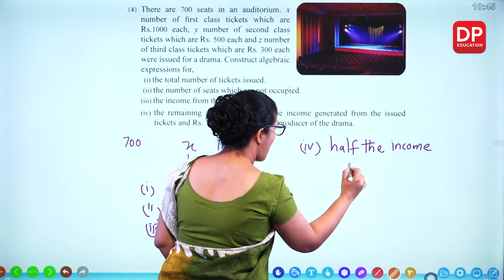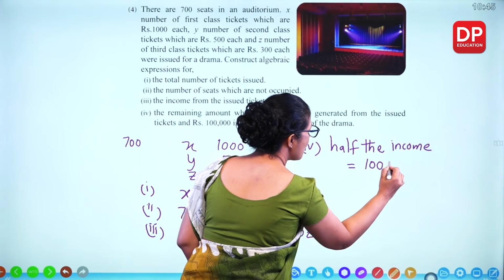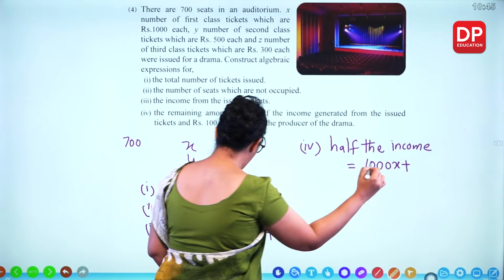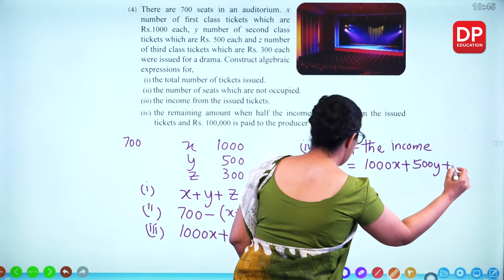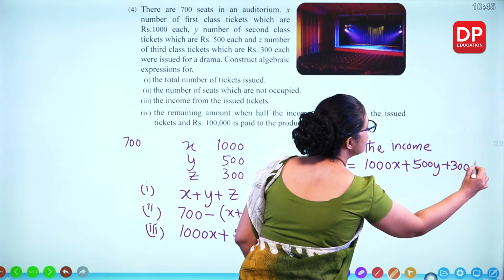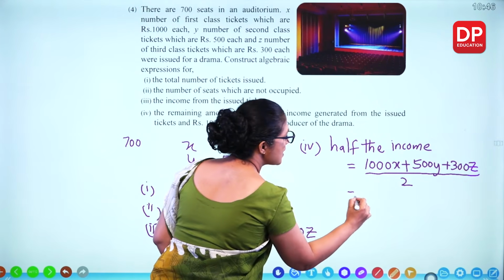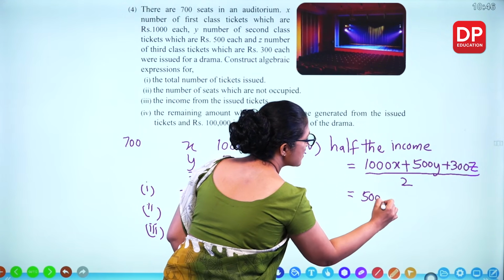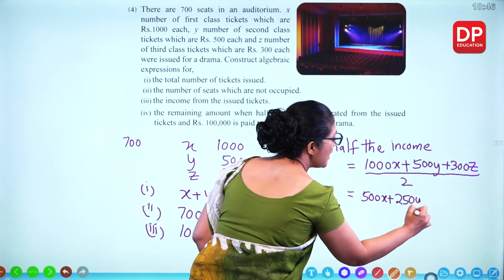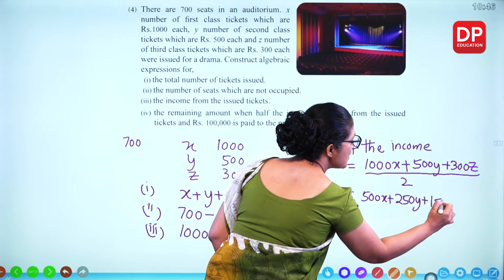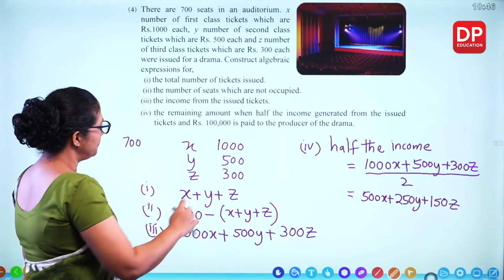Half of that. So 1000x plus 500y plus 300z, divided by 2, half of it. So what's that? 500x, 500 divided by 2, 250y and 150z. That's the half of the income.